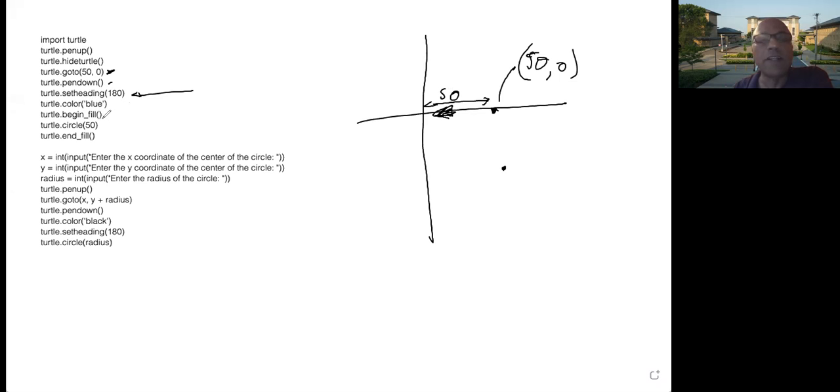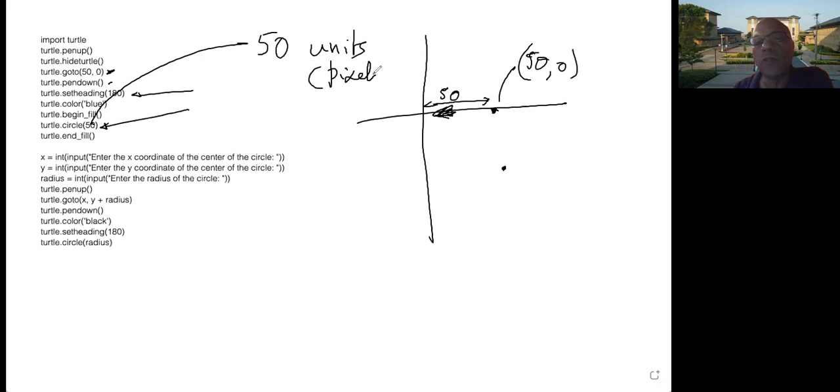Then I begin the fill, and now I draw a circle with radius of 50. So I will be drawing a circle, but the question is, where is the center? The center would be these many units. This is 50, right? So 50 is the radius. So 50 units, that is pixels, to the left of the direction I am traveling.